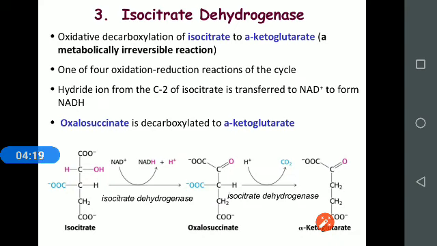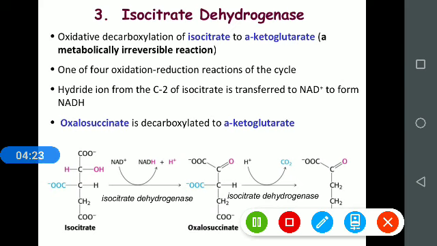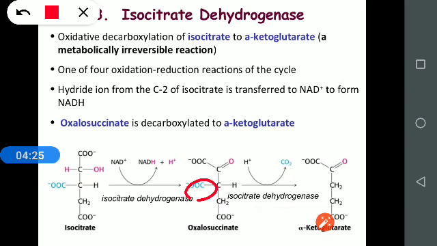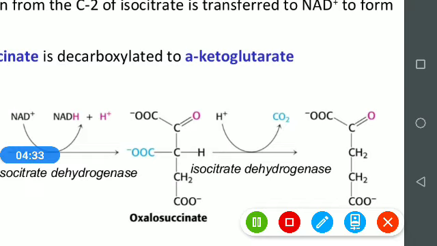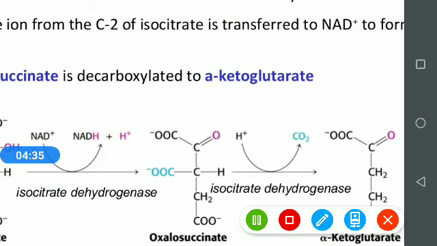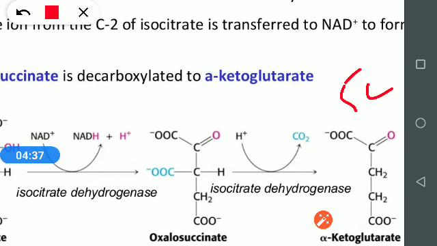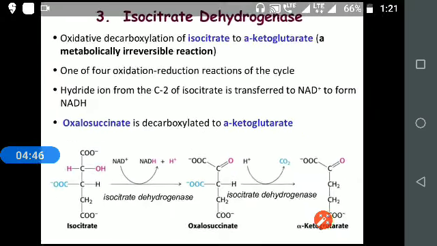And this oxalosuccinate, by removal of carbon dioxide, is converting into a 5 carbon structure. This is the 3rd reaction.